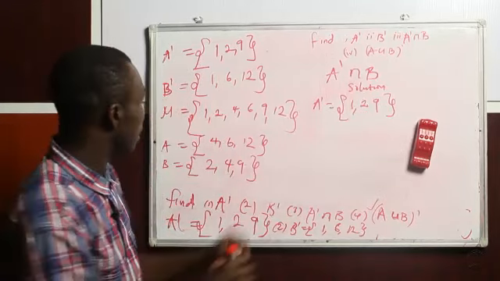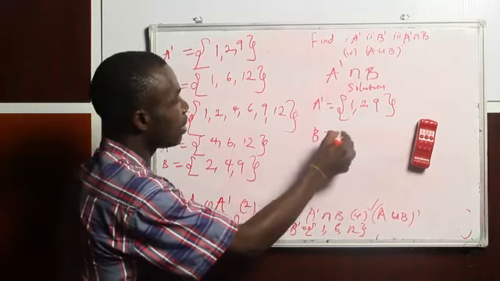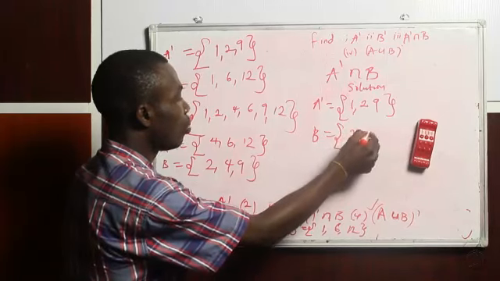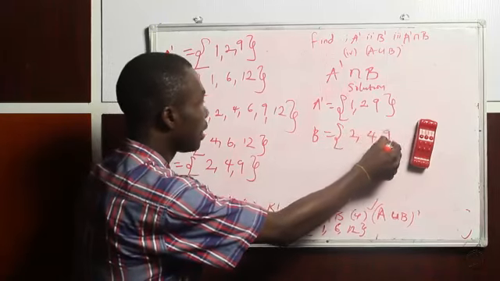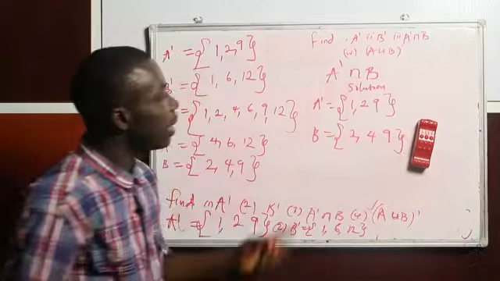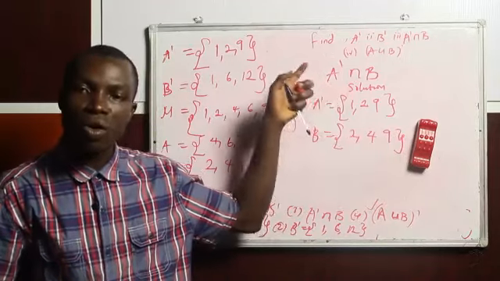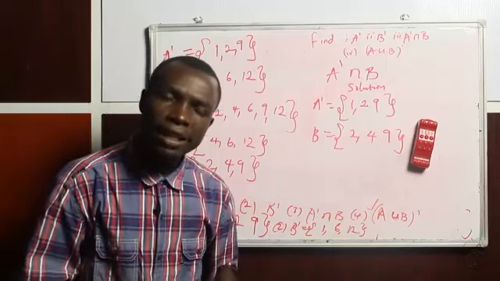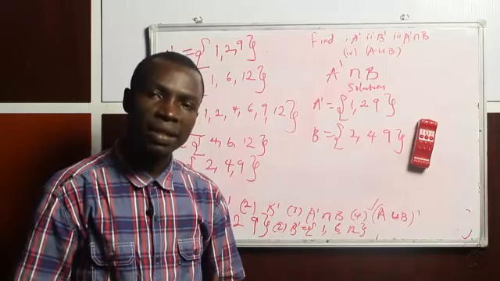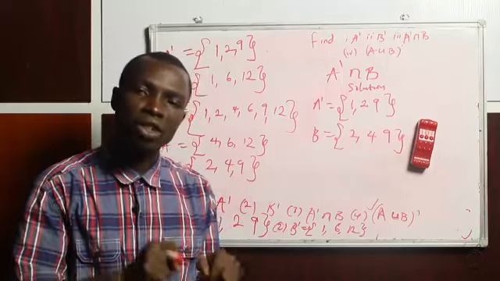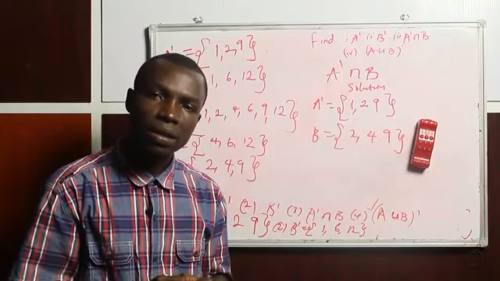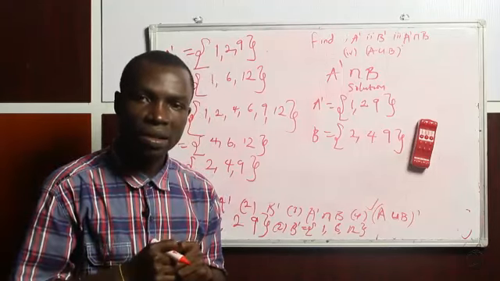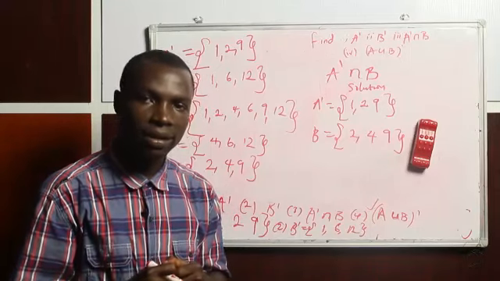And our B is 2, 4, and 9. They now said A complement intersect B. I explained earlier the symbol of intersect: an element that is common between two sets is called an intersect.